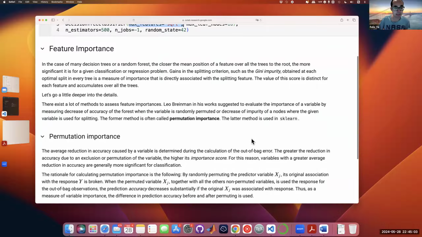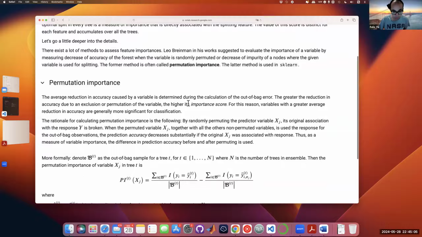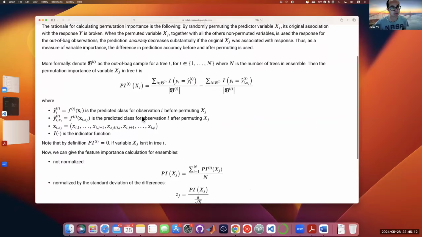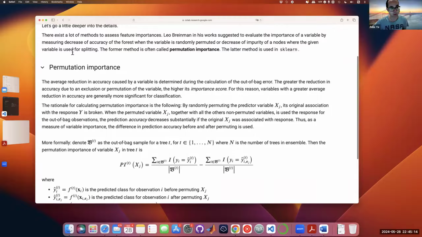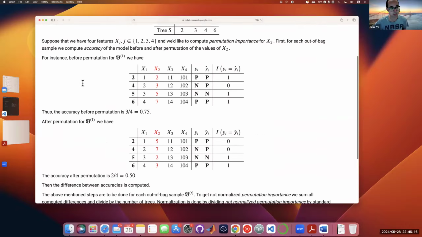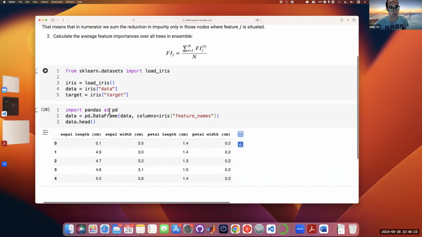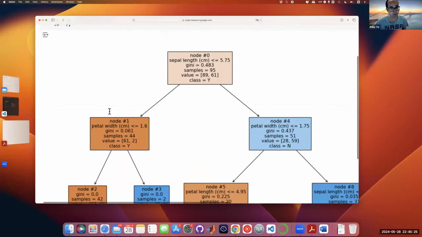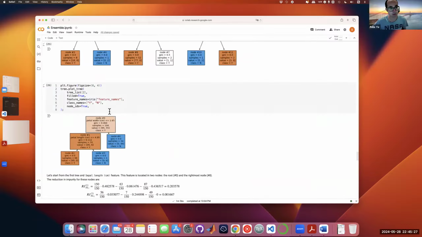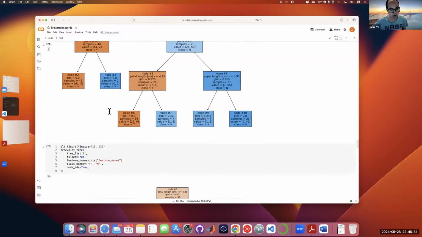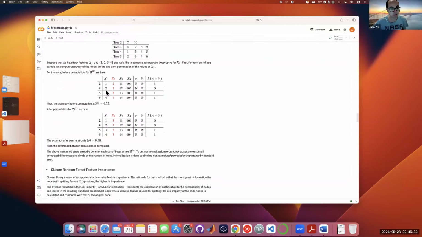So these are all the details right here. There are two parts: one is this permutation importance, and another one is the random forest feature importances. These are two different methods. Let me get into this detail a little bit.